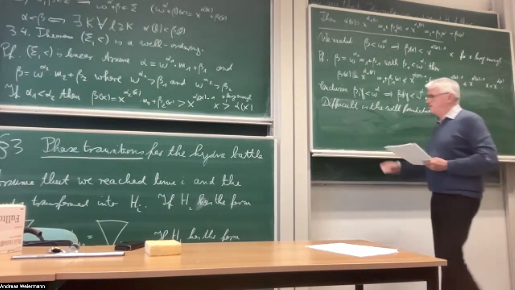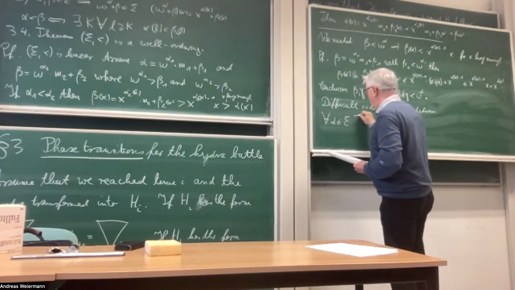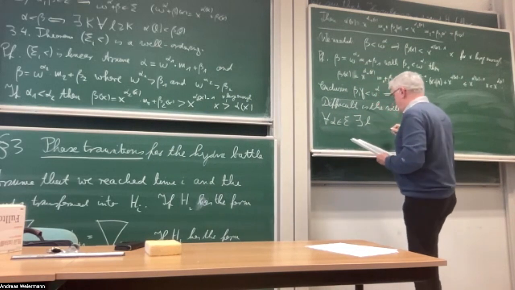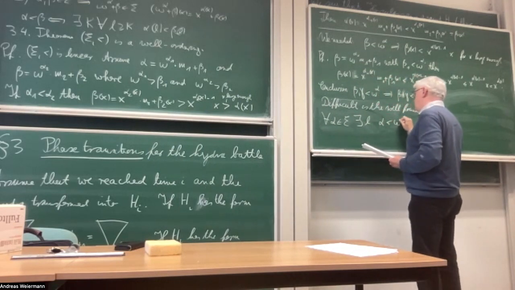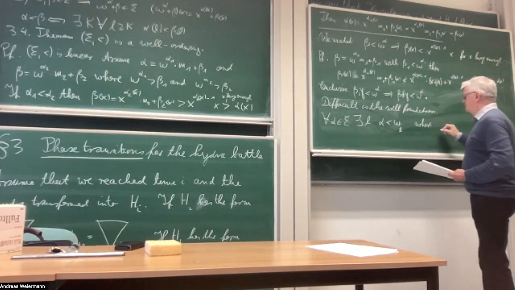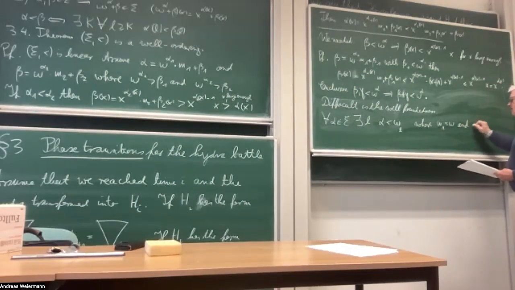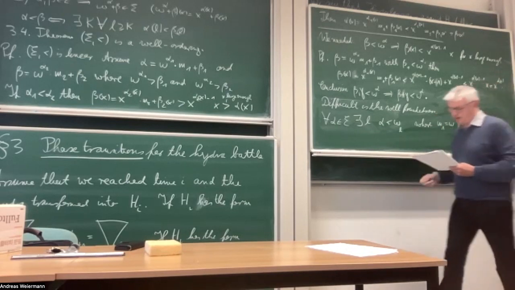Now, first of all, we have to show for alpha in E, there exists an L such that alpha is bounded by omega index L, where omega L is defined as follows. Omega 1 is omega, and omega index L plus 1 is omega to the omega L. So it's an iterated exponential.